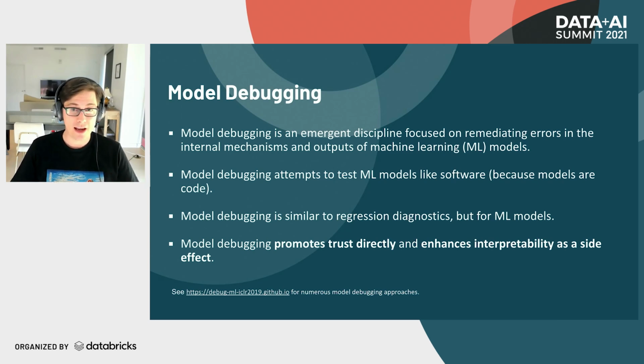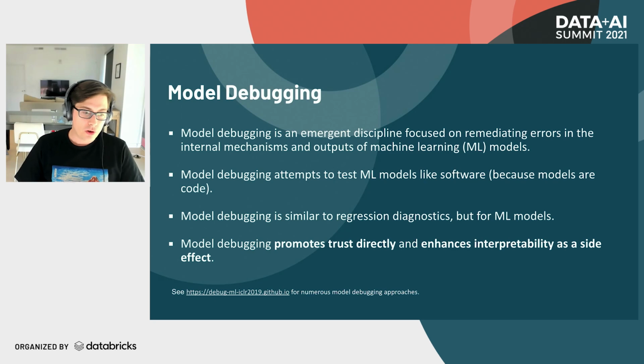I definitely consider that part of model debugging. And then, as I hinted at, it's new, but how new is it, right? Because there was this whole highly developed field of regression diagnostics that people have been working with for decades. And so we definitely want to take those lessons and port them to machine learning as well.